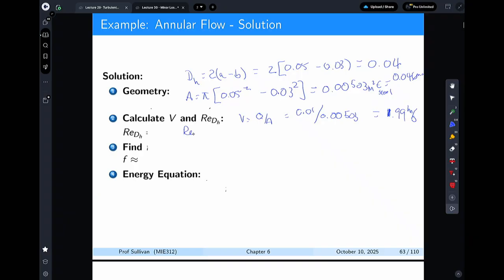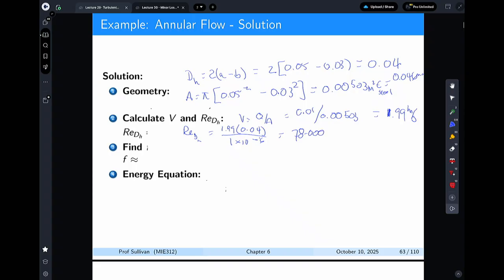The Reynolds number based on hydraulic diameter is 1.9904 over 1 times 10 to the minus 6, which is about 78,000. So this is turbulent.